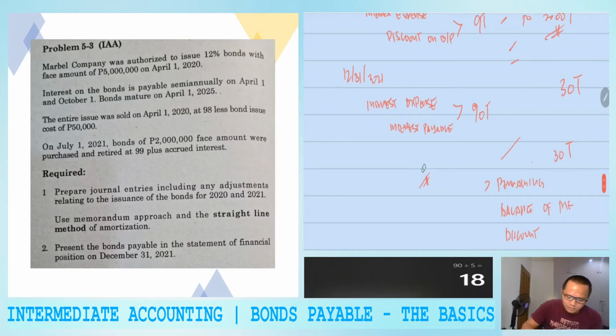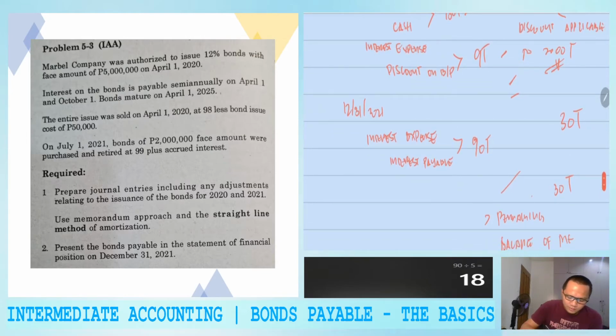And then, the discount na naman. Interest expense, credit discount on bonds payable, which is again kalahati nito, 4,500.